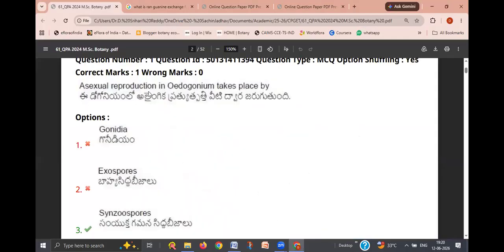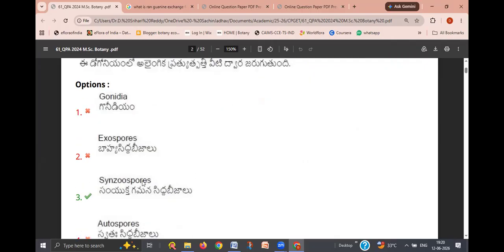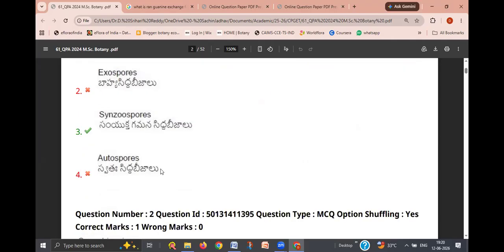Now the question regarding asexual reproduction in Oedogonium: does it take place by gonidia? No. Exospores? See, gonidia are related to sexual reproduction. Exospores are not related to this. Usually there is a small mistake here; they should be zoospores. That is the right answer. Autospores is the wrong answer.